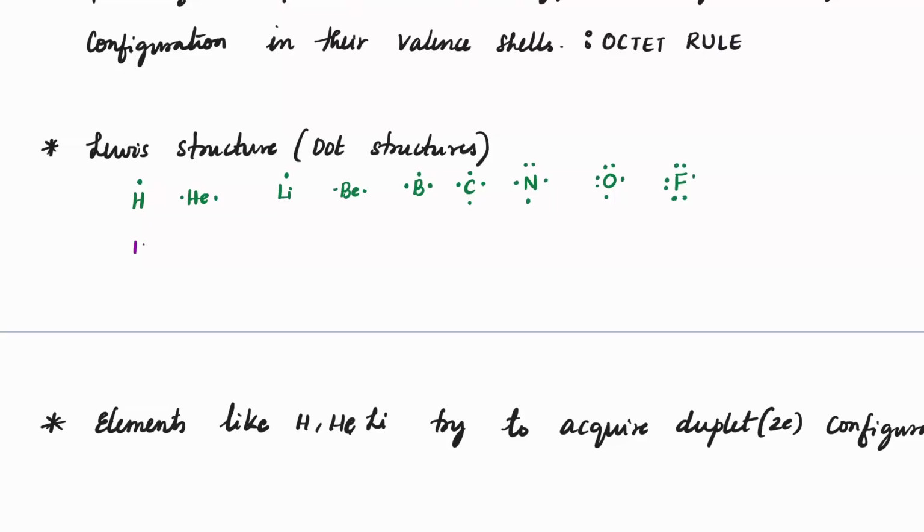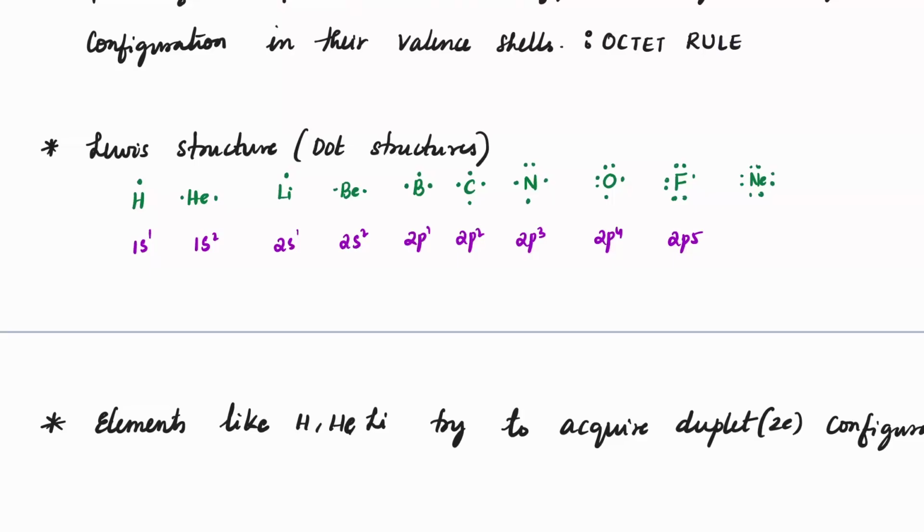This is 1s1 and 1s2, this is 2s1, 2s2, this is 2p1, 2p2, 2p3, 2p4, and 2p5. And by the time it comes to neon, all of them would be appearing like an octet.